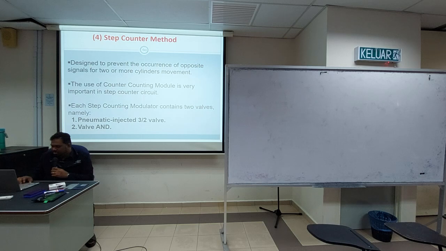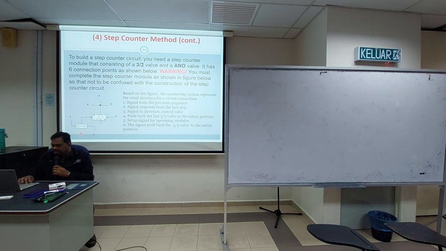The step counter module will have 2 parts, a 3/2 valve and also an N valve. It looks like this. This is a step counter module. How many sequences are usually in one circuit? Sequence.